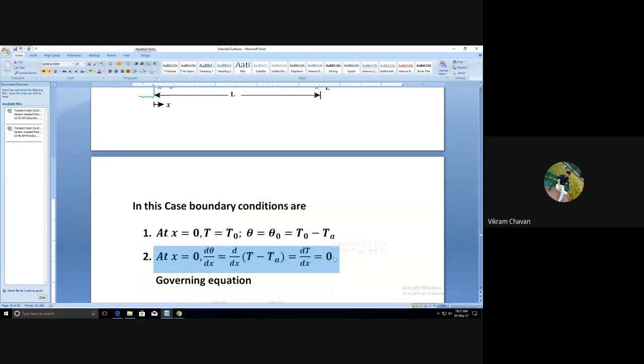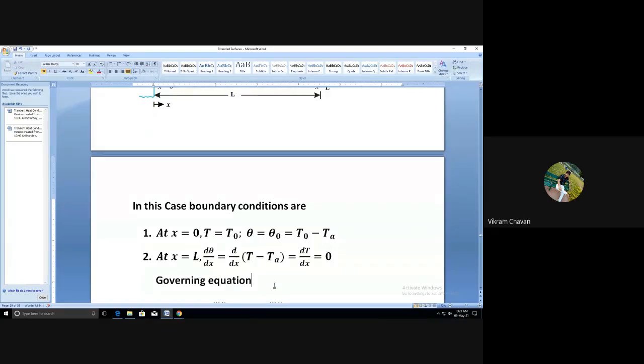The second boundary condition is at x is equal to L. Here dT/dx is 0.